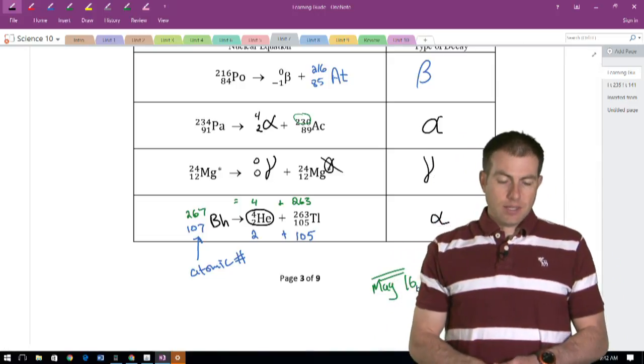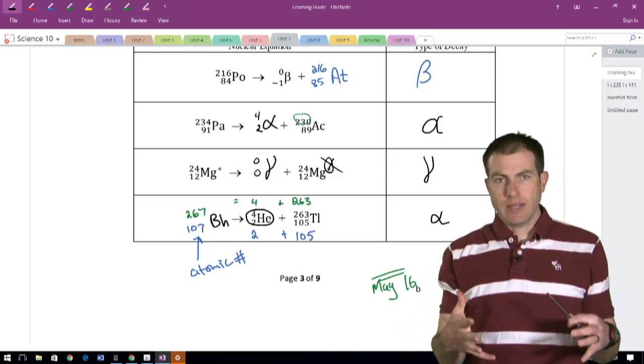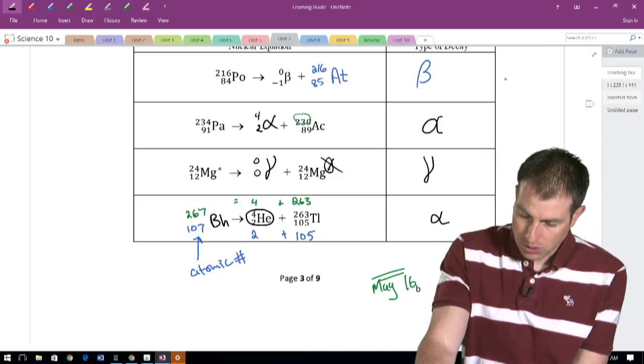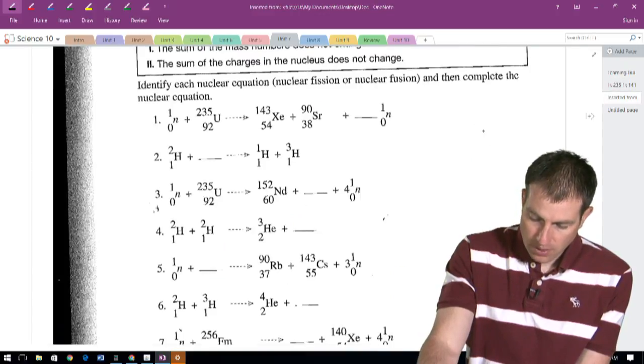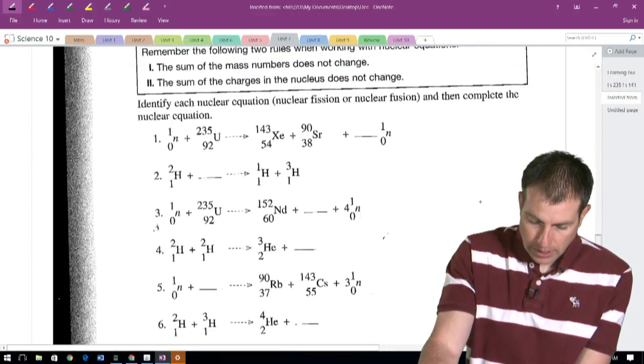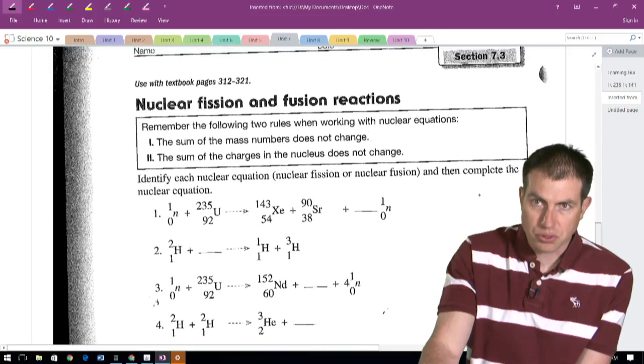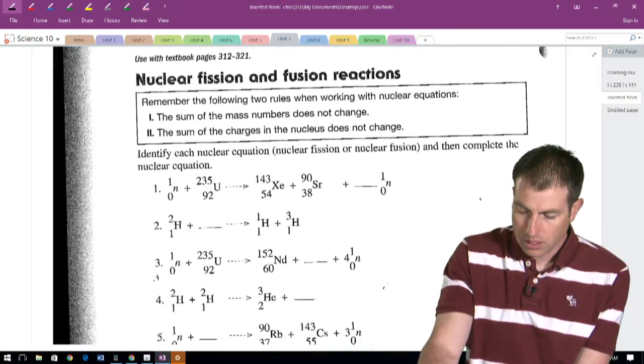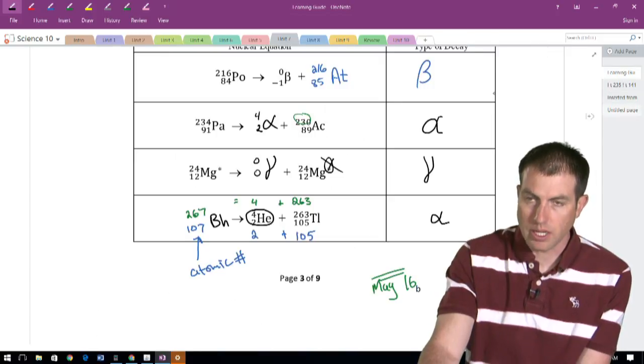All right. Anything else out of the learning guide that we wanted to look at? I want to also look at a few questions from the extra practice sheet. There's a bunch of fission-fusion reactions here, to give us a bit more practice. If there's nothing else from the learning guide, I'll just go do that.